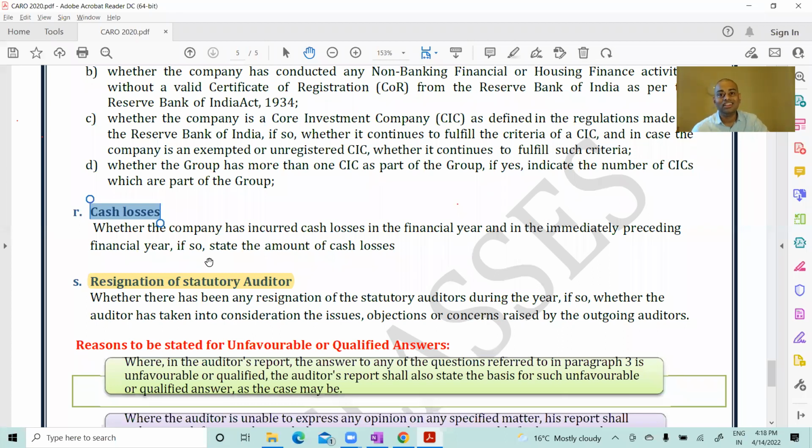Cash flow from operations, cash flow from financing, cash flow from investing. Correct? In those three, cash loss means cash flow from operations that is negative, which is very bad.